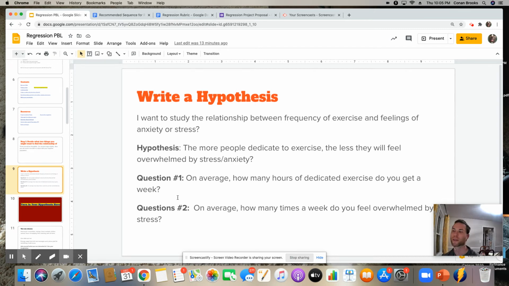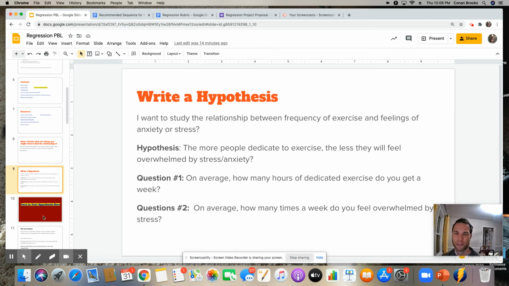Or you can ask something else. You can say, what's your average stress level every day? Or what is your high stress level every day? You can word that a number of different ways and get that result. But you want to explain it probably better than I did there in the hypothesis if you can.